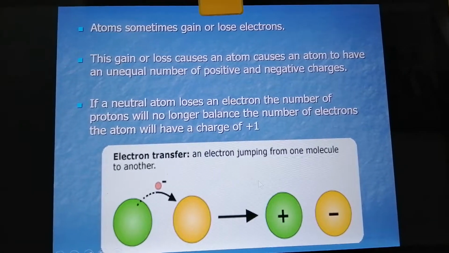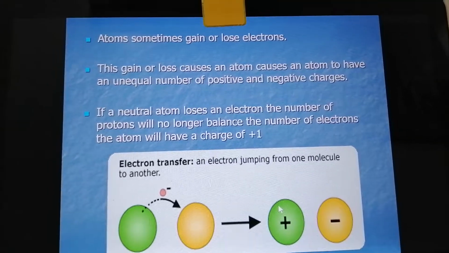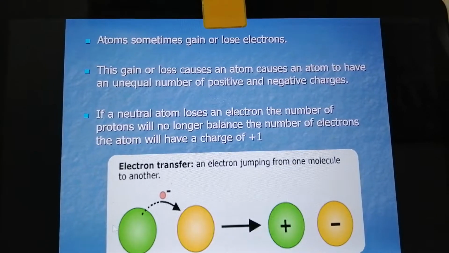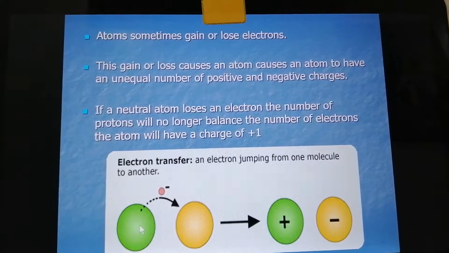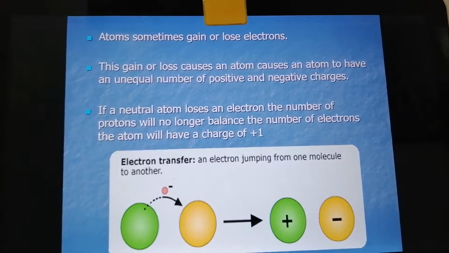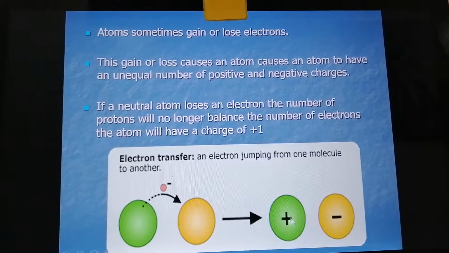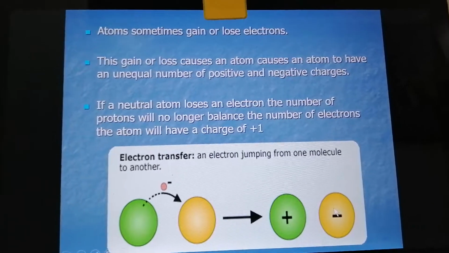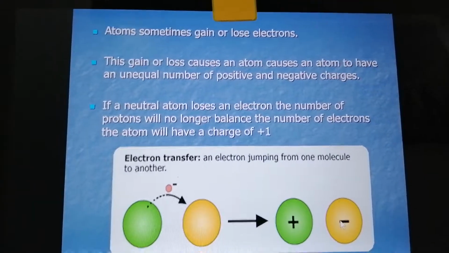So it can change the electric charge because the electrons moved from here to here. At first it was neutral, they were equal, 3 and 3. And then this one became 2 and 3, so it became positive. And this one became 3 protons and 4 electrons, so it became negative.